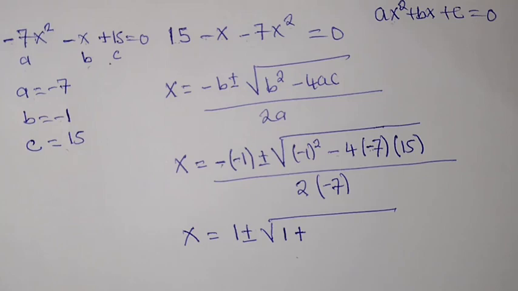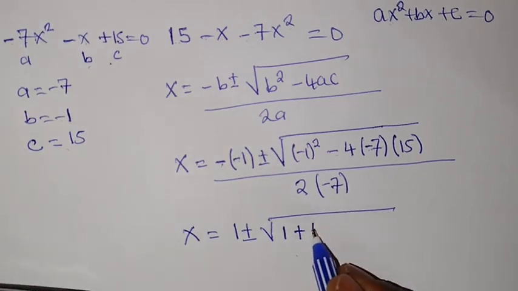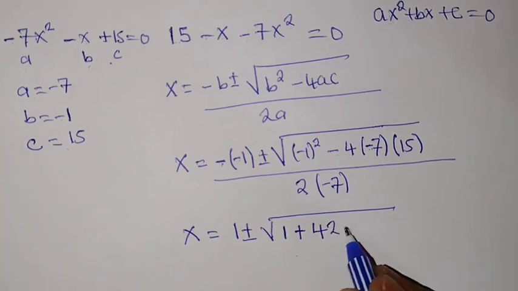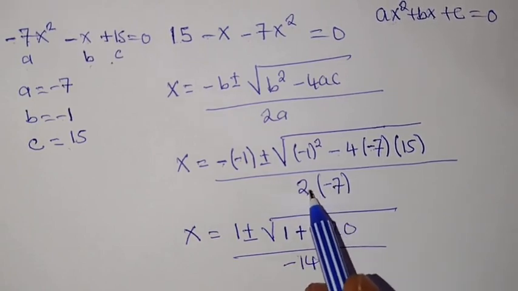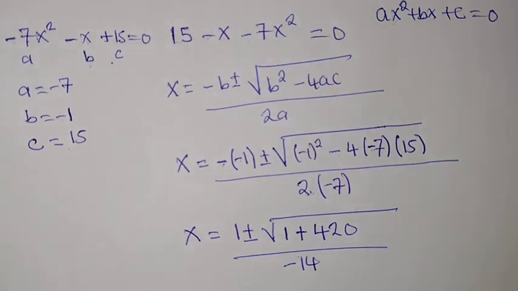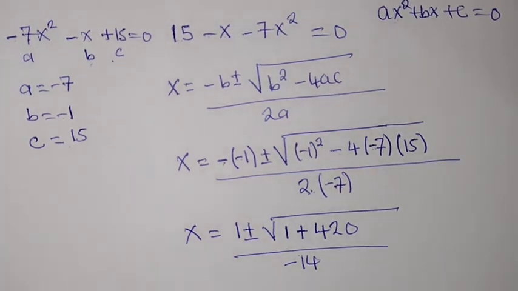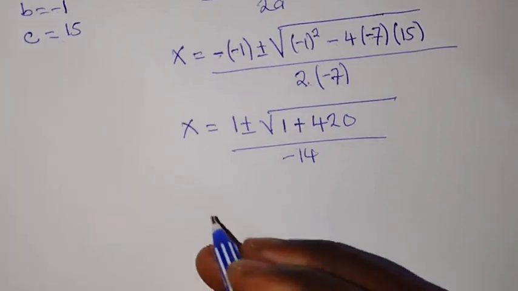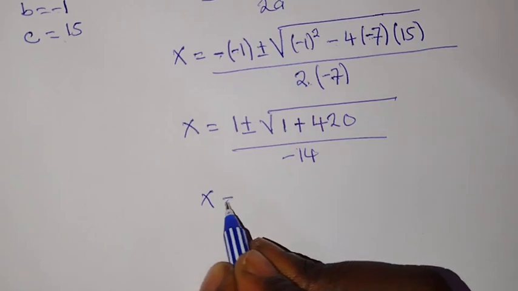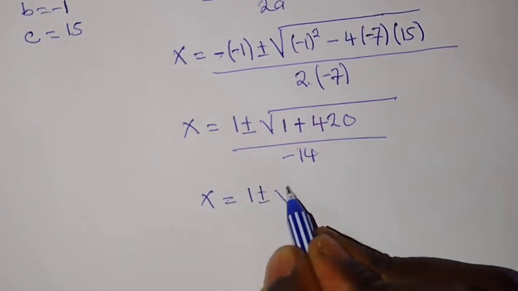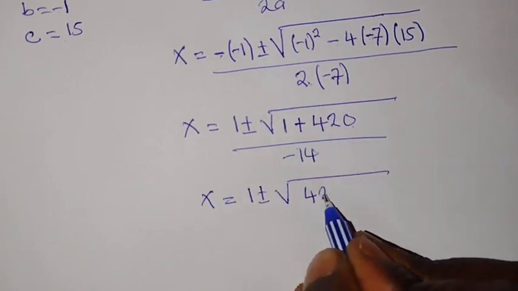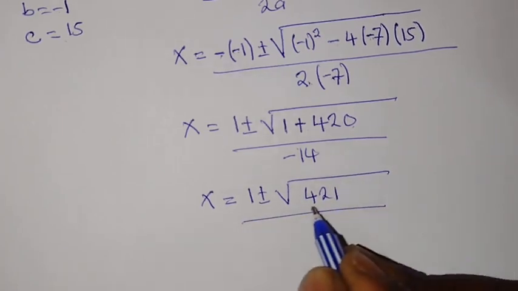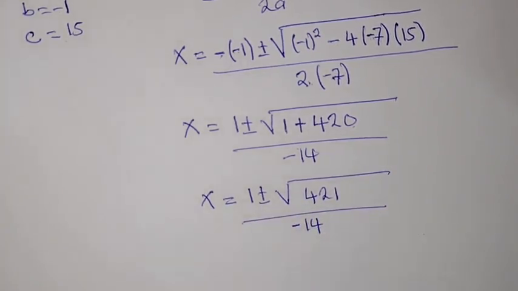So 4 times 7 times 15, this gives us 420 over negative 14, because 2 times negative 7 to give us negative what? 14. So I hope that it's clear, you are following. Then from here, we will say x equal to 1 plus or minus 1 plus 420, it will give us 421 divided by negative 14. So I hope it's clear here.